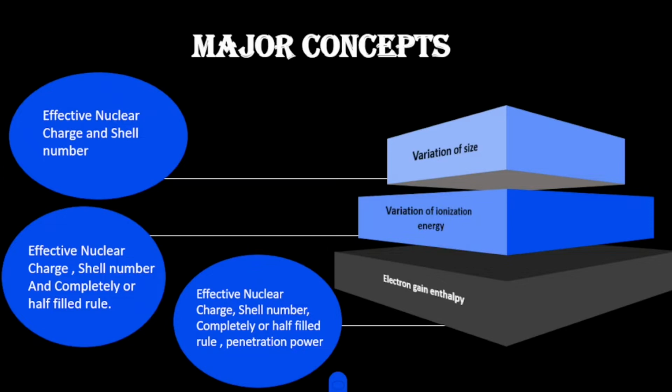Next, variation of ionization energy: factors such as nuclear charge, shell number and the completely or half-filled rule decide the variation of ionization energy. Effective nuclear charge, shell number, the completely or half-filled rule and penetration power play a vital role in deciding electron gain enthalpy variation of various elements.